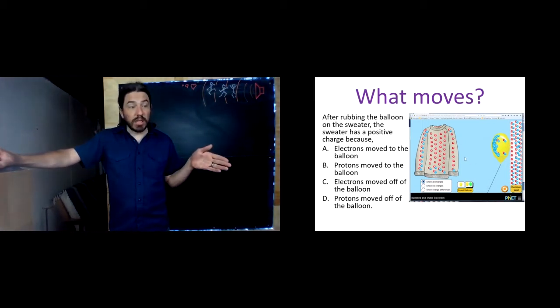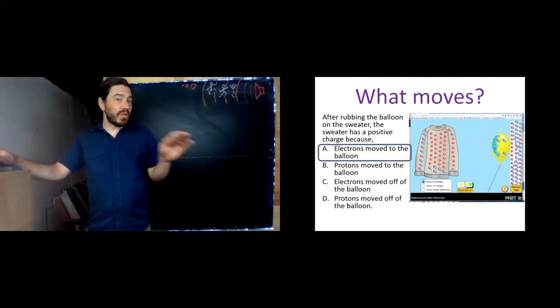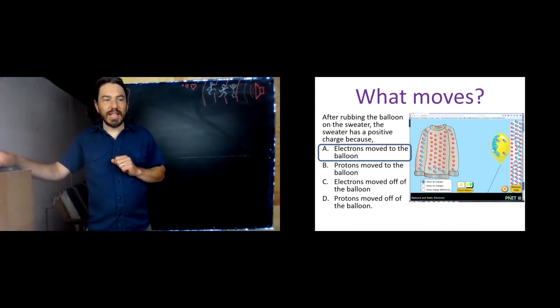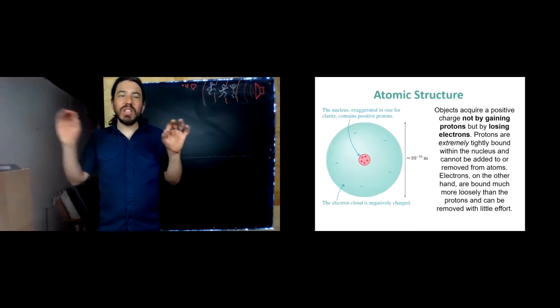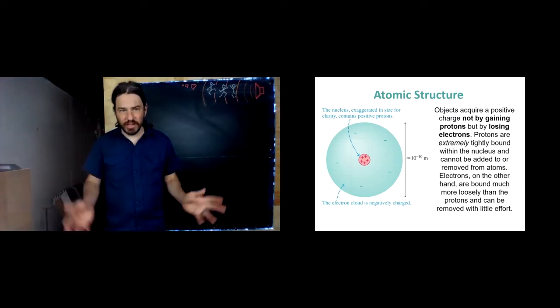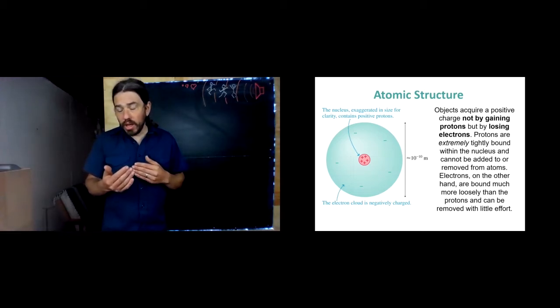Okay, welcome back. So, indeed, what moved here was the electrons. It was electrons that moved off of the sweater and onto the balloon, giving a net charge of positive to the sweater and a net negative charge to the balloon. And in general, this is true. In general, it is the electrons that move, that give something a charge by rubbing.